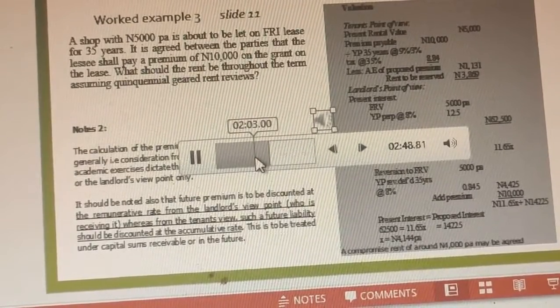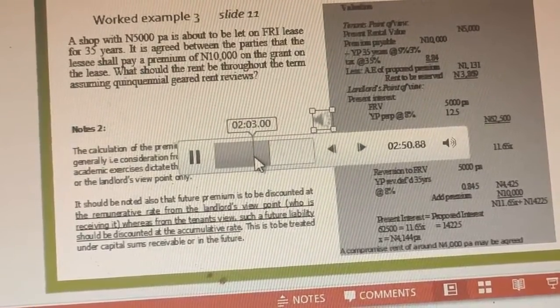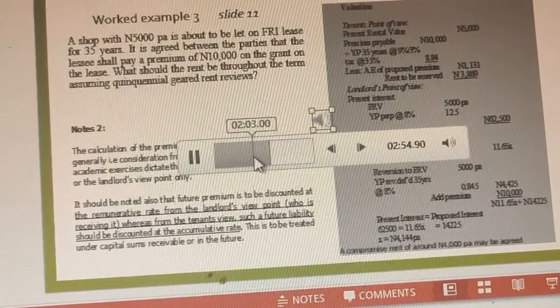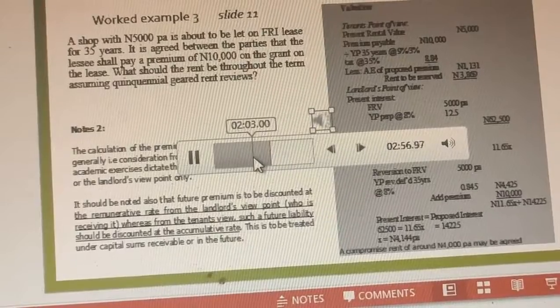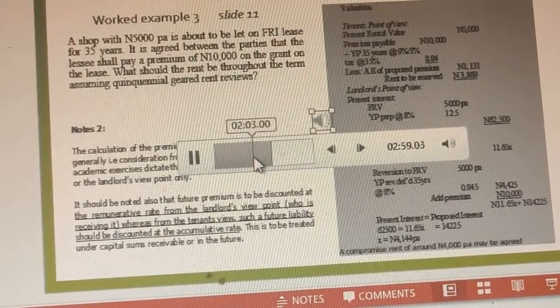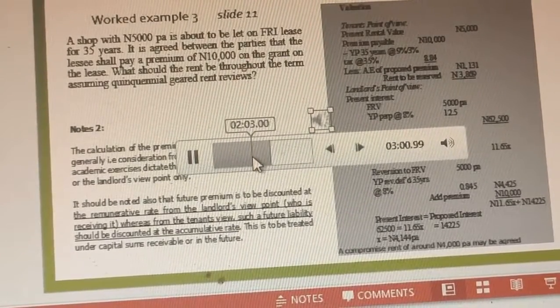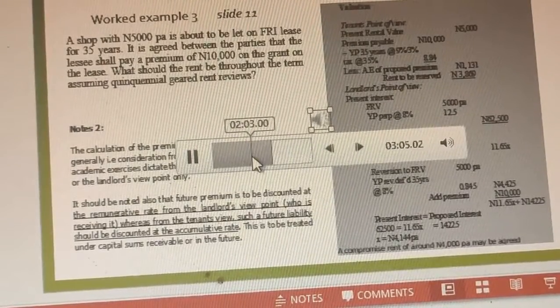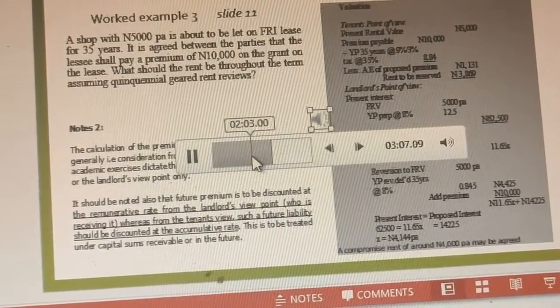If the premium is not immediately payable, it's payable at a future date, the receiver, it will be at a discount rate, remunerative discount rate, because he is receiving it.